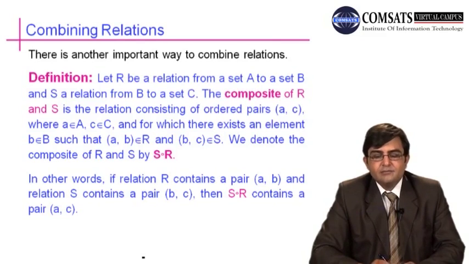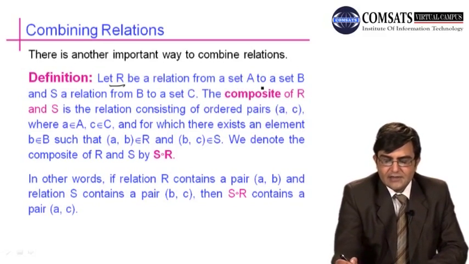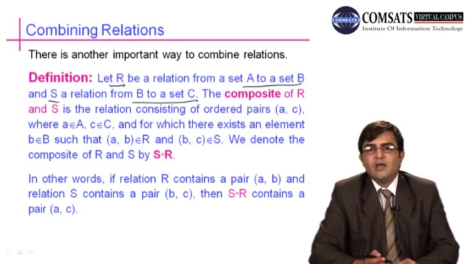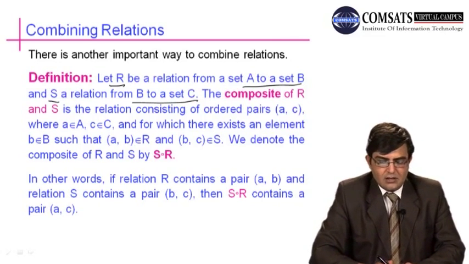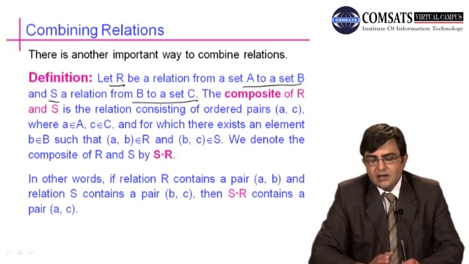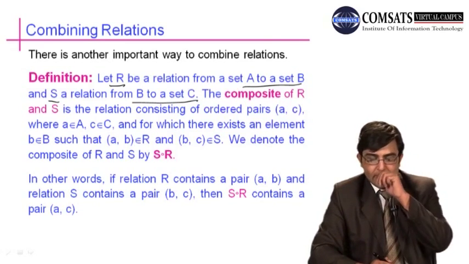So let R be a relation from a set A to a set B, and S be a relation from a set B to a set C. So here R is from A to B and S is from B to C. How can we combine these two relations?